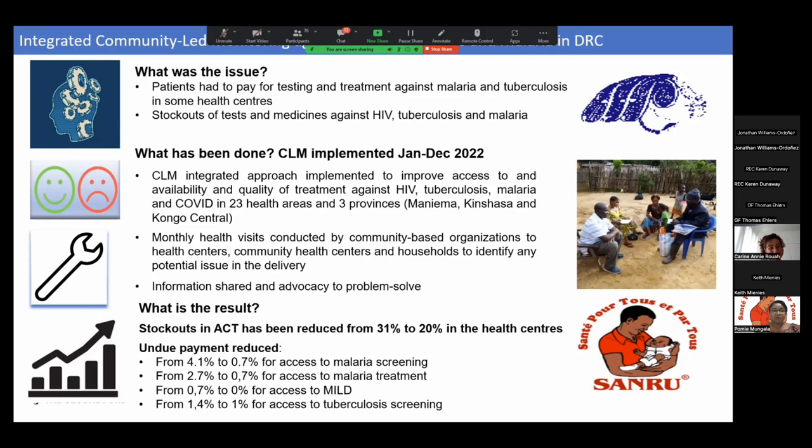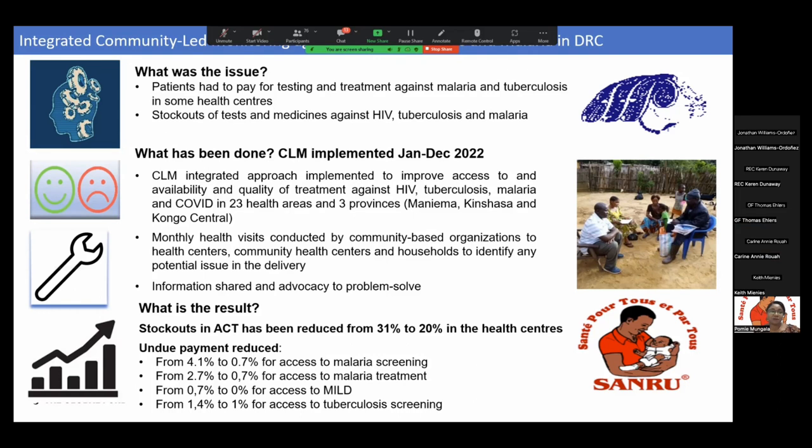Okay, thank you, everyone. I'm one of the principal recipients of Global Fund in DRC. So we put in place an intervention of community-led monitoring in 3 provinces of DRC.